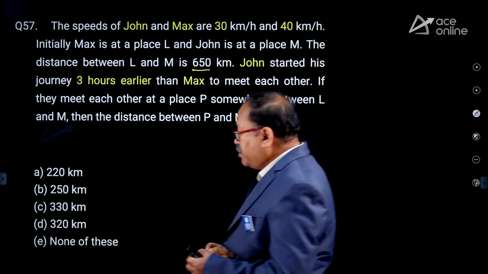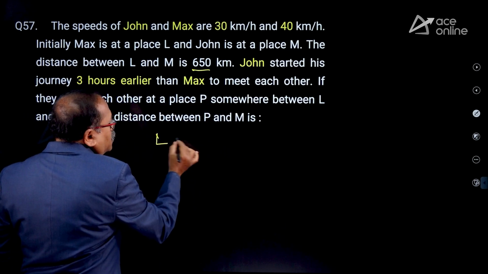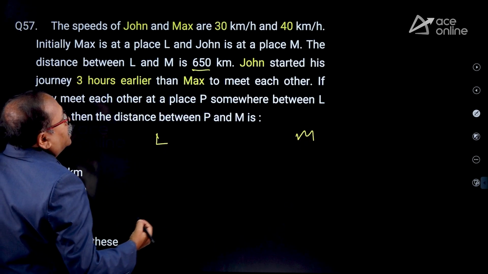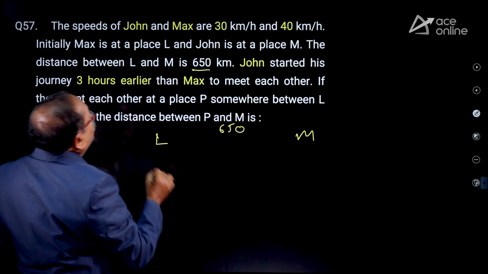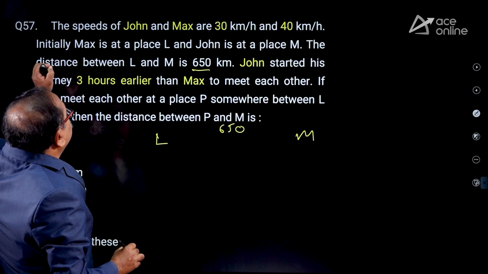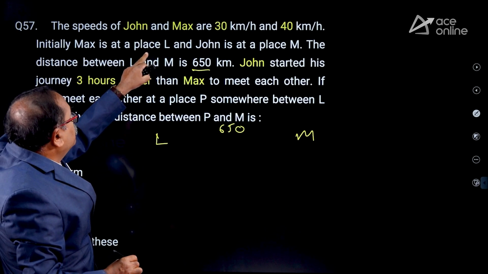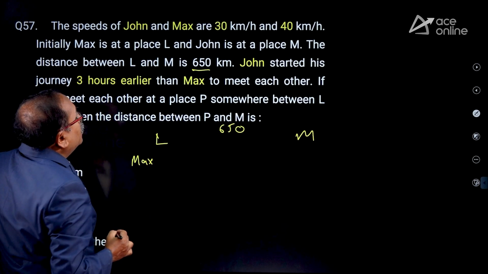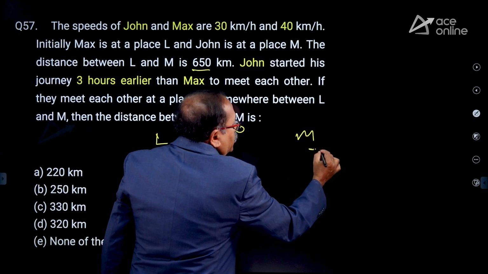Can I draw a diagram in order to make you understand? So, this is L and this is M, and the distance between these two is 650. Max is at place L, here it's Max, and John is at place M, here it is John.